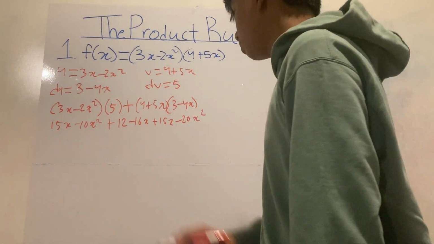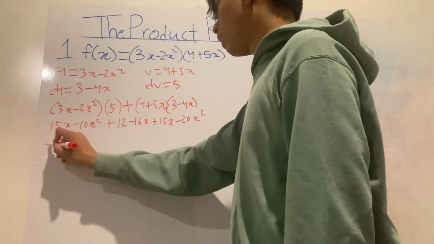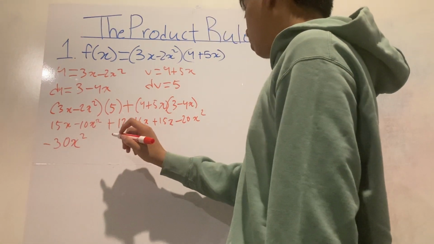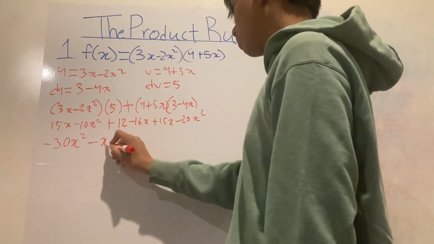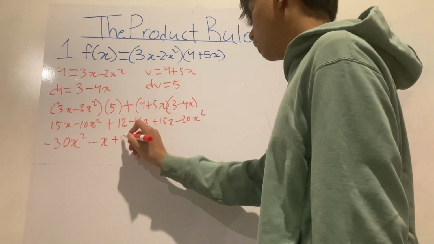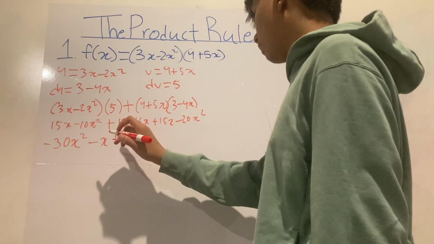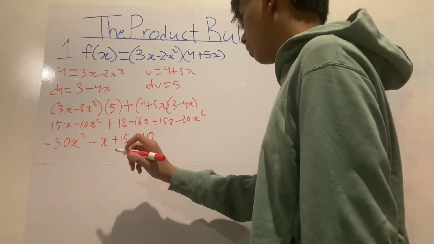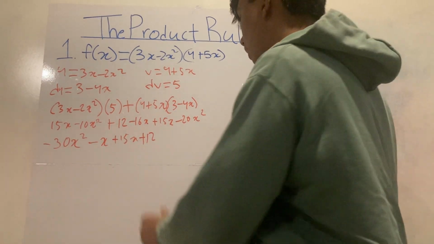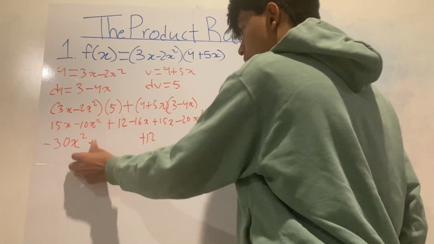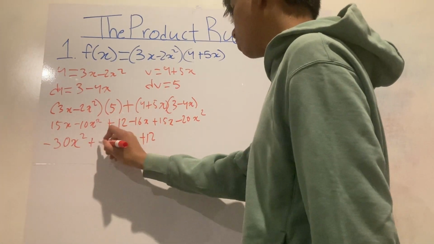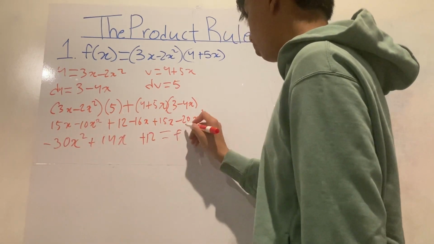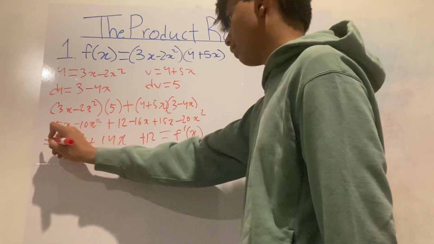And now if we simplify this entire thing, we'll get negative 30x squared, minus x plus 15x, and we have 12 plus 12. So when we simplify this, this will just become plus 14x, and this equals f prime of x, which is just the derivative.